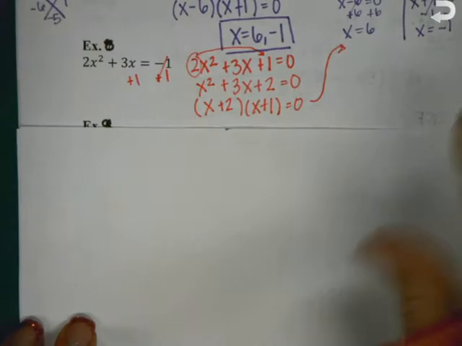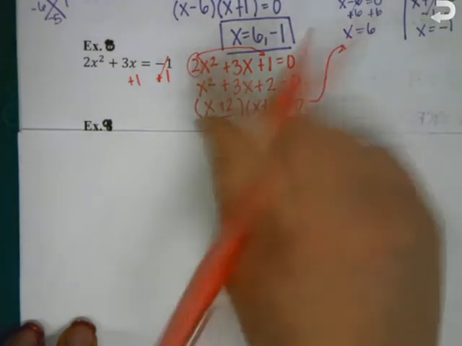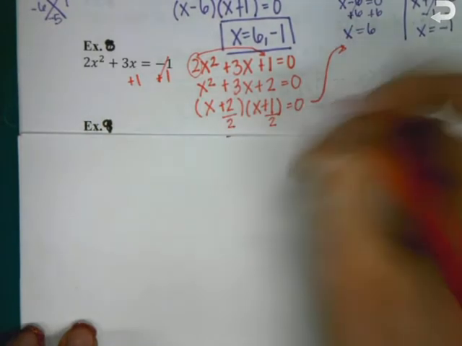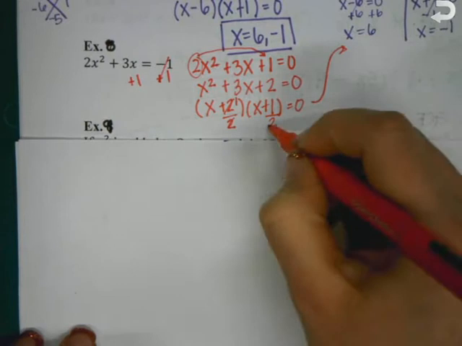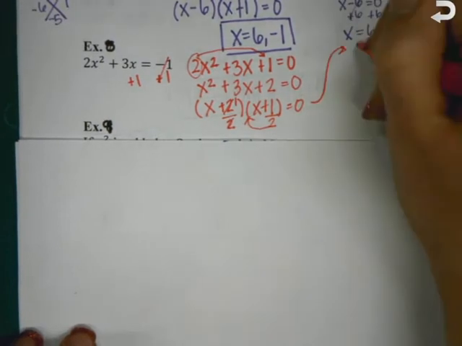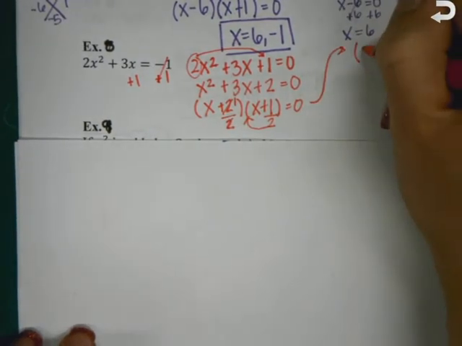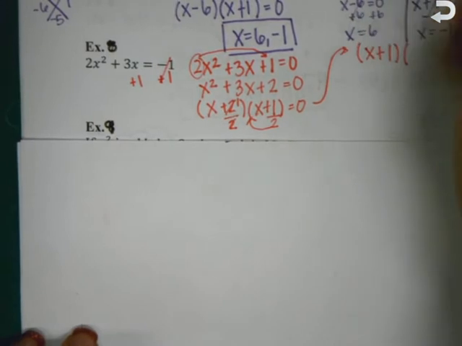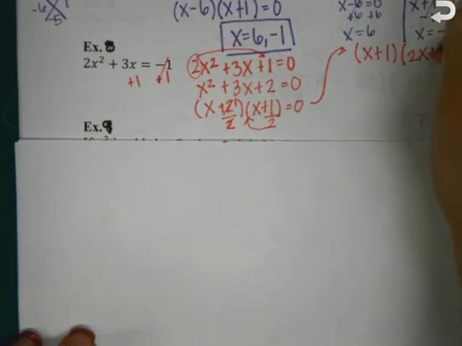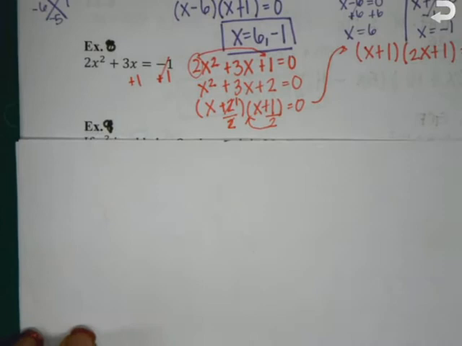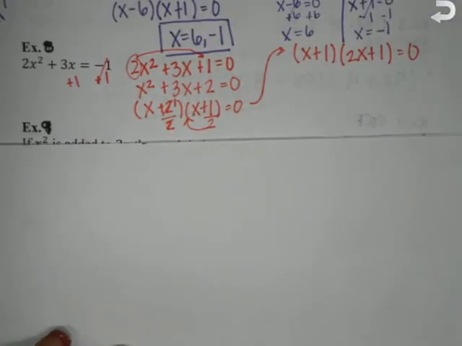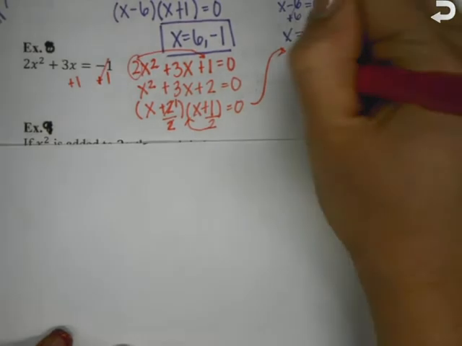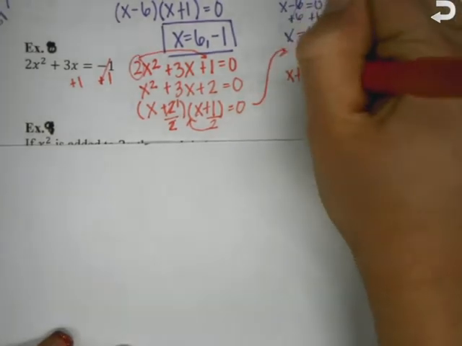So this whole thing factors to x plus 1 times 2x plus 1 equals 0. Now what? I set them each equal to 0. So x plus 1 equals 0. 2x plus 1 equals 0. This one on the left is easy. We subtract 1 and we get x equals negative 1.